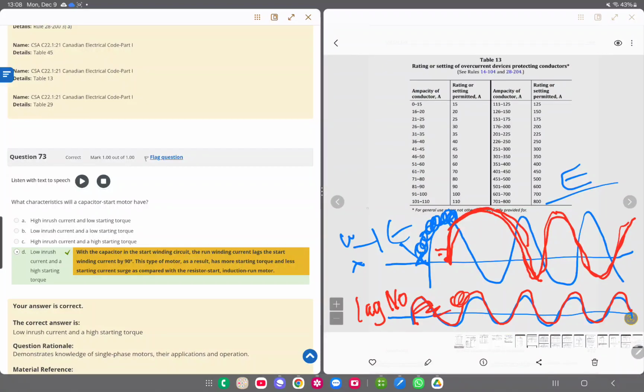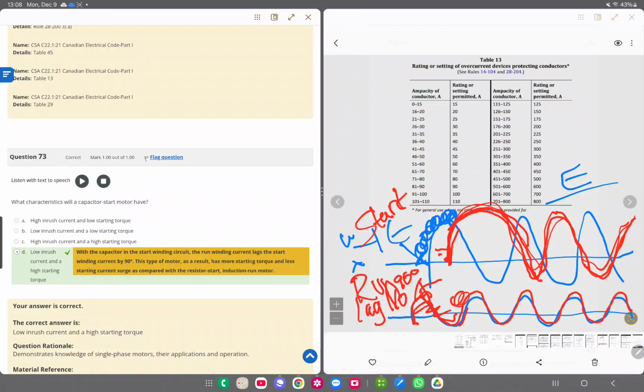The start winding, right? So this is start, and this is run. So the start winding, this current is running ahead. So the current in the run winding is going to be lagging behind because he's going the same pace as the voltage. He's in phase with the voltage in the run. So that's why he's 90 degrees behind.